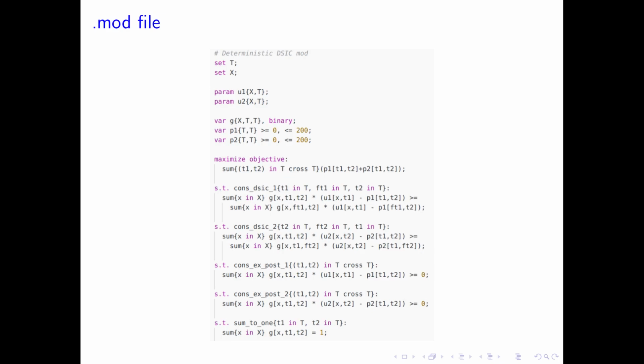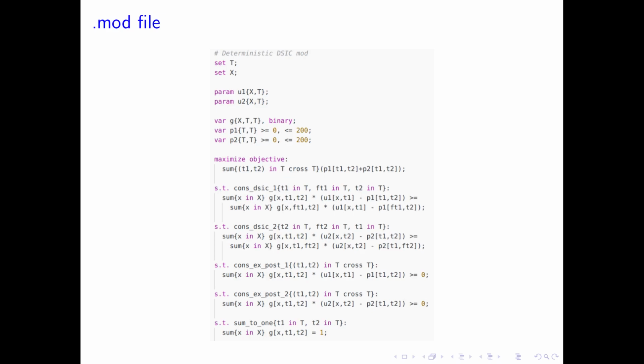This is the mod file that we employ to solve the problem in practice. First, we have the two sets of types and outcomes. Then we take utility matrices as parameters, and notice that this time, since we require dominant strategy incentive compatibility and ex post individual rationality, we don't need the distribution over types as a parameter.